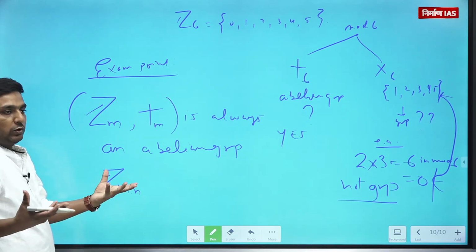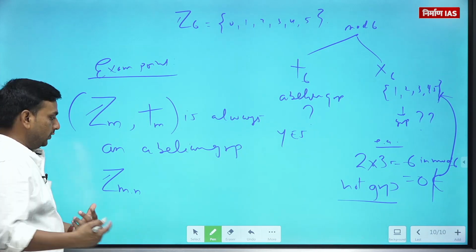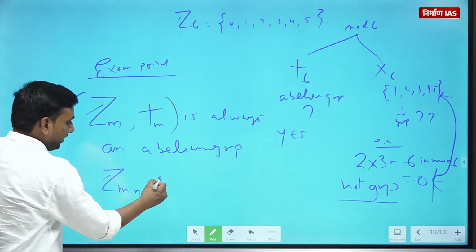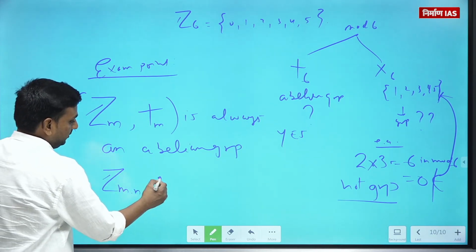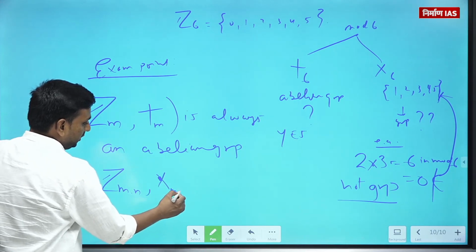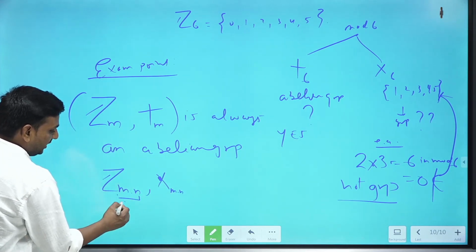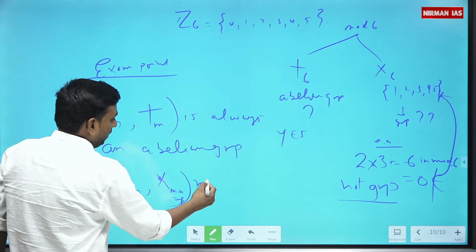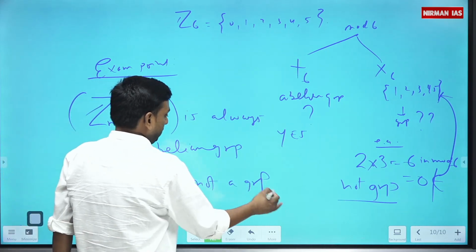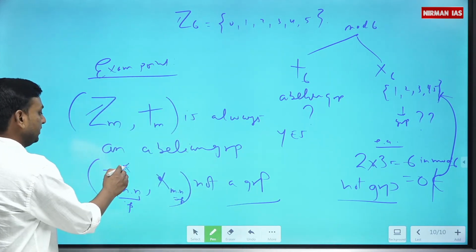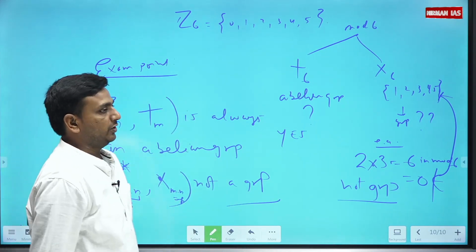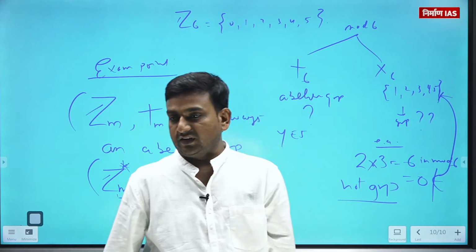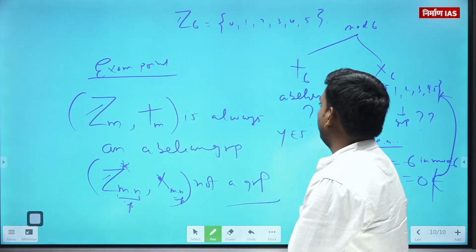Let's say 12, 12 can be written as 3 into 4. So then with respect to multiplication, modulo this m into n will be a number, let's say p, not a group. Here star I will mark, just key non-zero elements you are taking here. Is that clear to you guys? Fine.